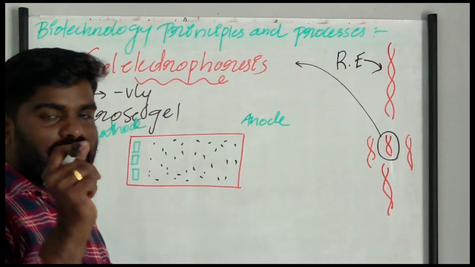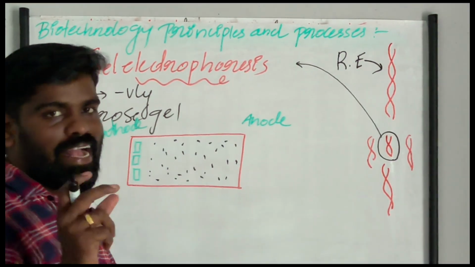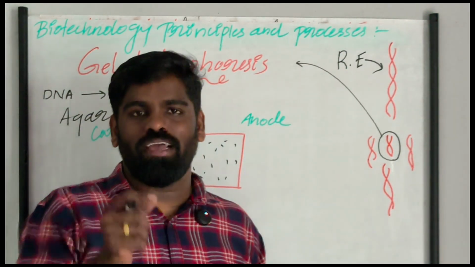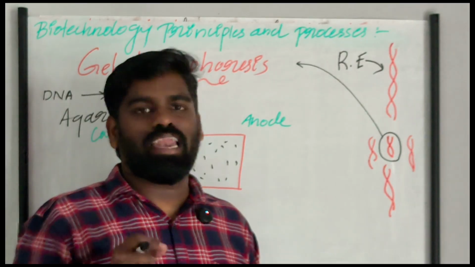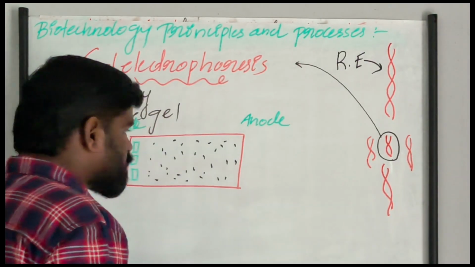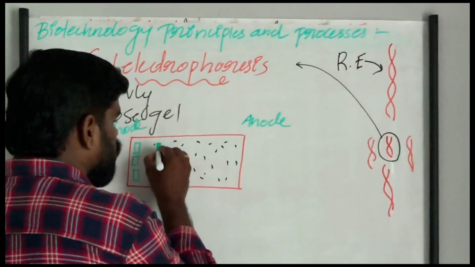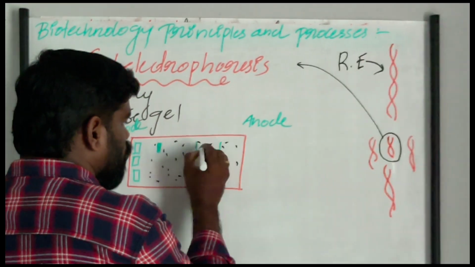It is because of the sieving effect of agarose gel. The molecules of agarose gel are tightly packed, so a small fragment can pass through it more easily than a large fragment. So the smallest fragment will move further.